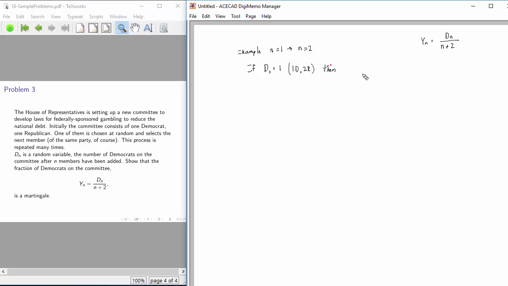Then D2 can remain 1, and it will happen with probability 2/3, because 2/3 of the committee is Republican, or D2 can become equal to 2 because the Democrat got to pick the new member.